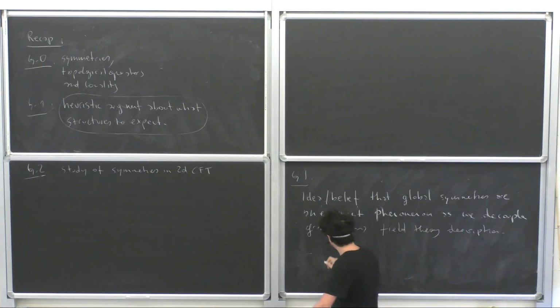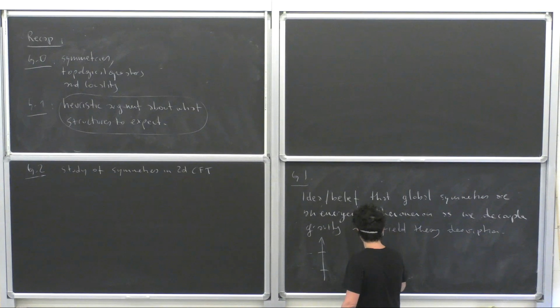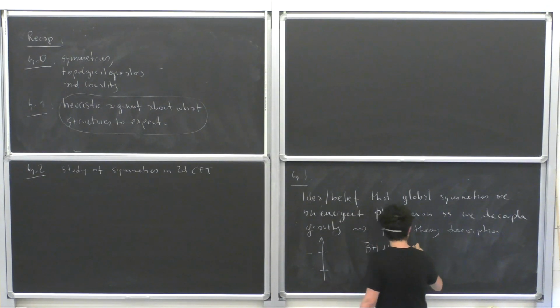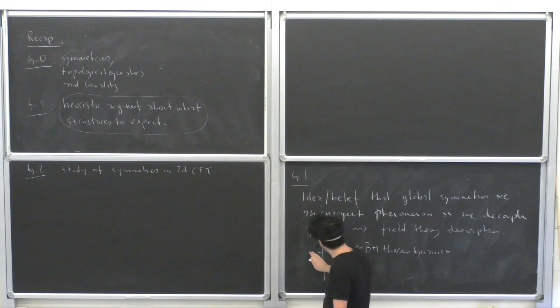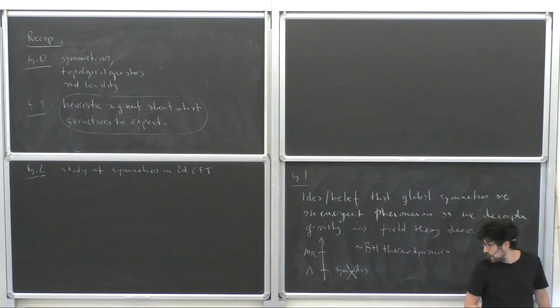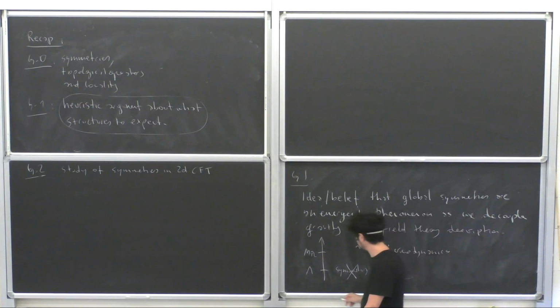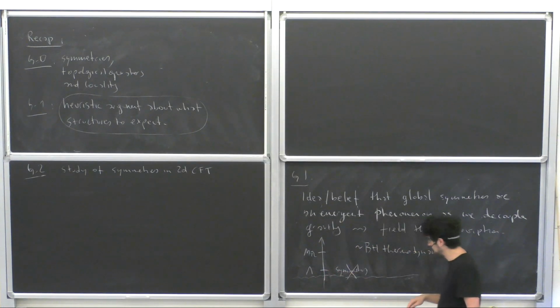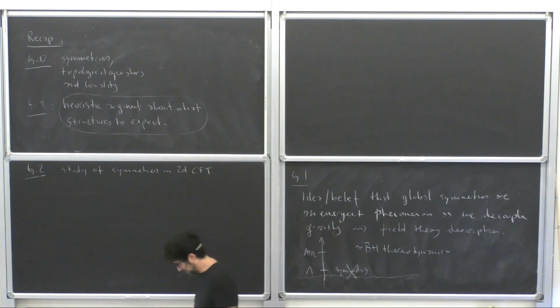So we argued, using black hole thermodynamics, a heuristic argument to expect that there is a scale of symmetry breaking that happens a little bit below the Planck scale. No? And our field theory description will live here, in energy below this scale. So this is something that we discussed yesterday.